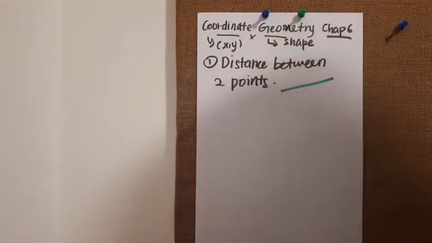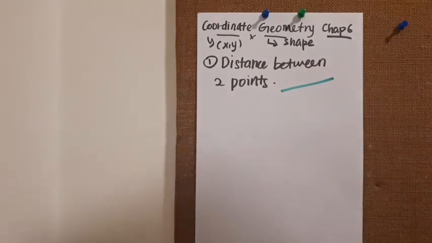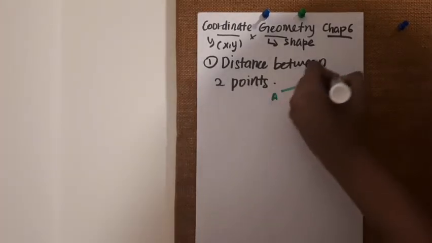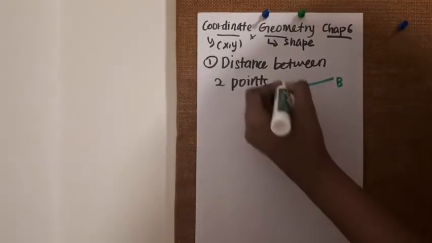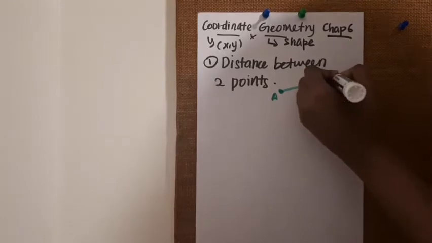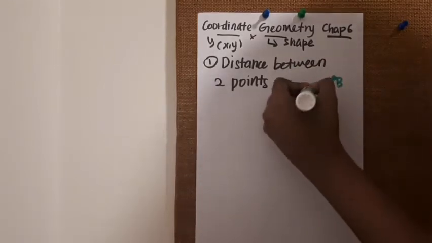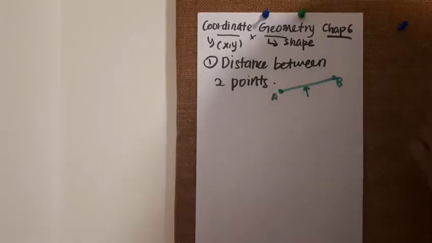Usually in this chapter you will be looking at straight lines most of the time. So let's say we have a line AB, which starts at A and ends at B, and we want to know the distance between these 2 points.